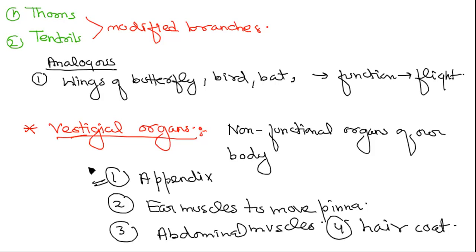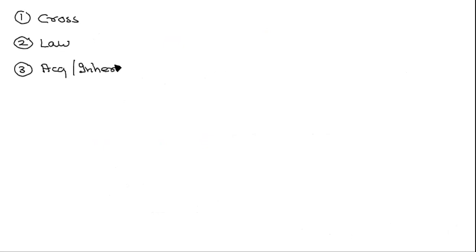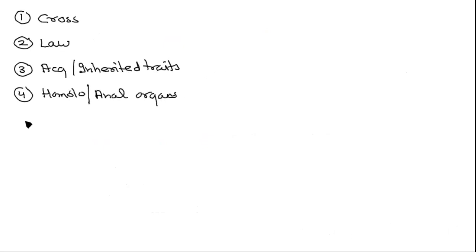Okay. So far we have finished crosses, mono and di, laws of inheritance, laws of dominance, segregation and independent assortment, then acquired and inherited traits, homologous and analogous organs, vestigial organs, right?